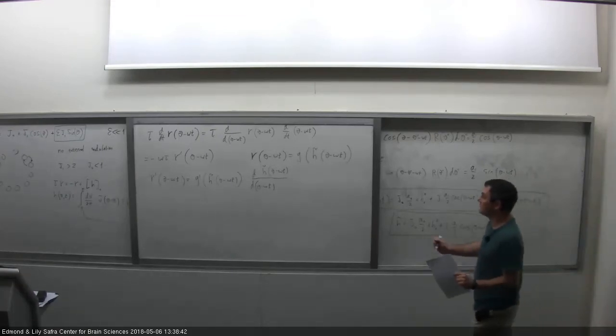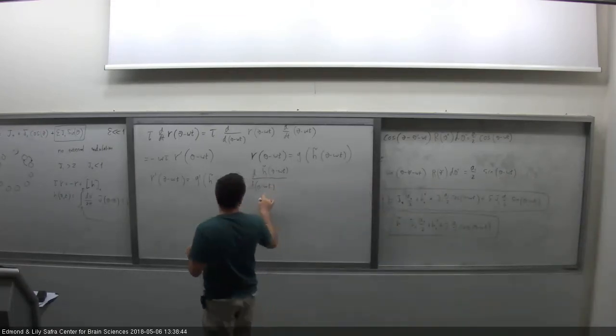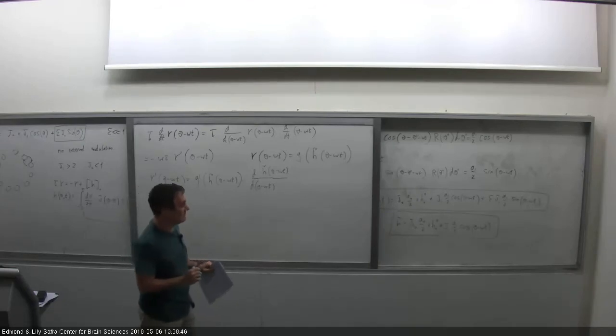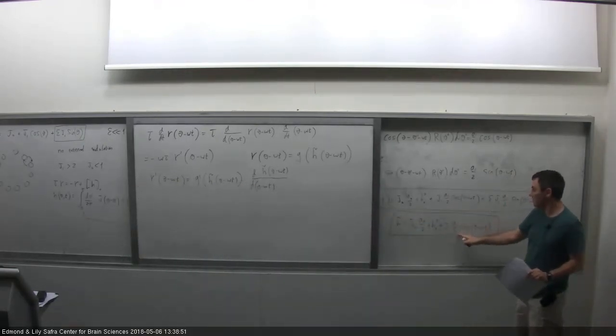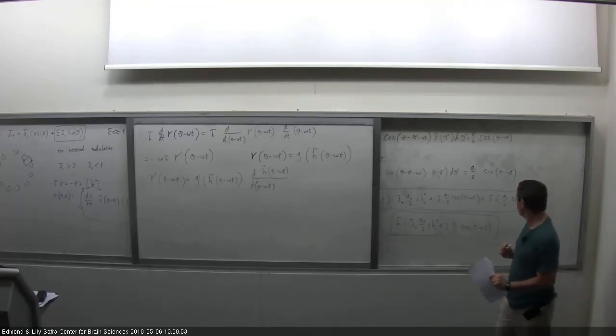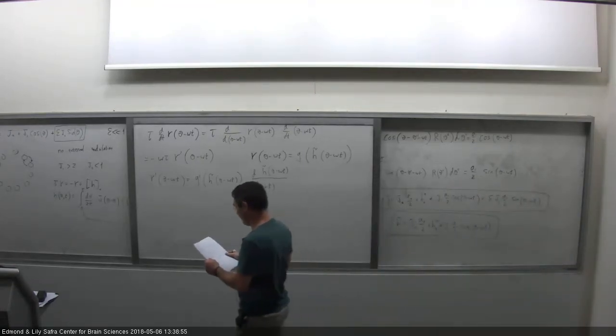So what's the derivative of H tilde with respect to theta minus WT? This would be just minus J1 A1 over 2 sine of theta minus WT.